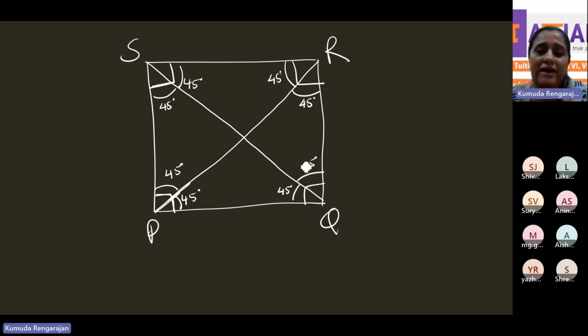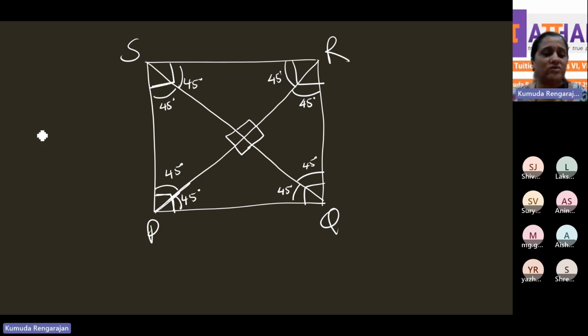And since the diagonals are perpendicular to each other, we get 90, 90, 90, 90. So you see that there is no angle left to be found in a square. These angles are fixed in every square, whether it's a small square or a big square.